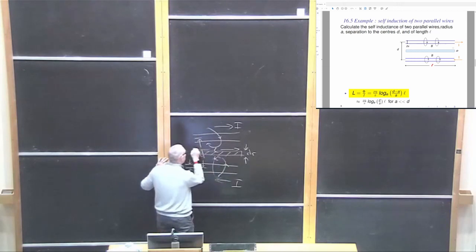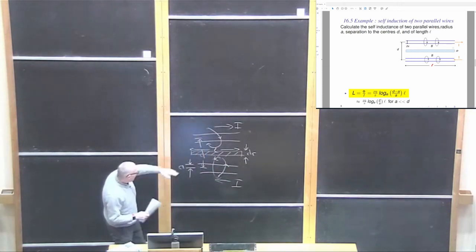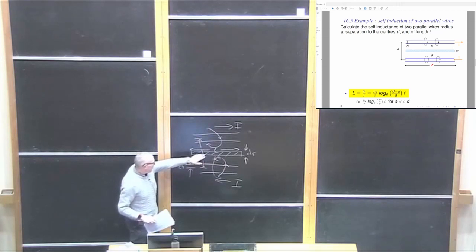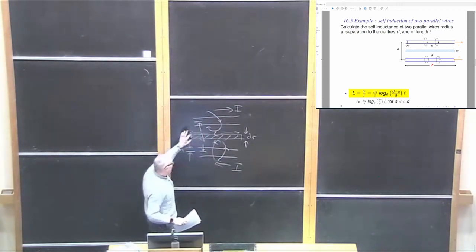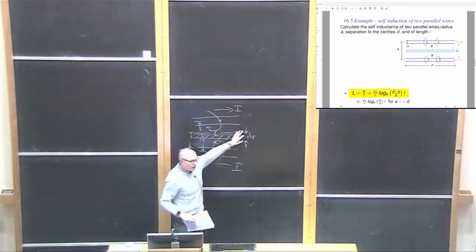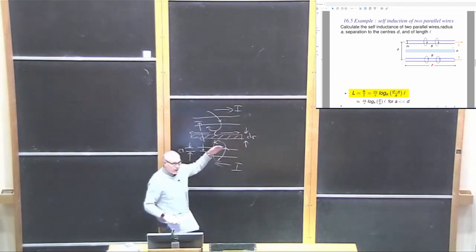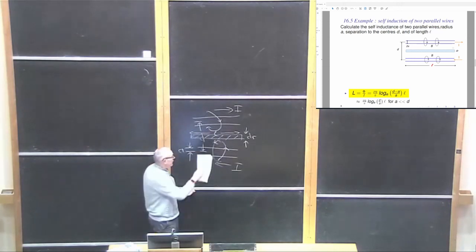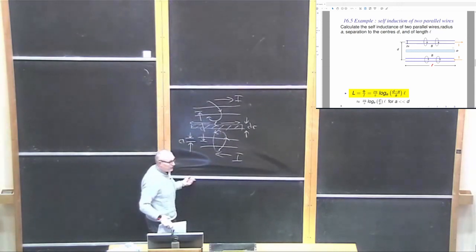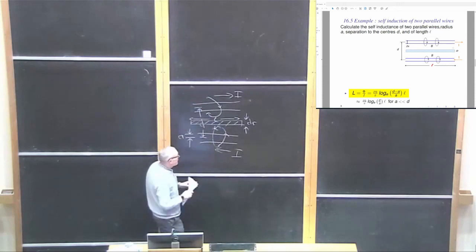Okay, sorry, it's a bit of a mess now, but just to illustrate that that section of surface through which we calculate the flux is parallel to the wires like that. Okay, good.